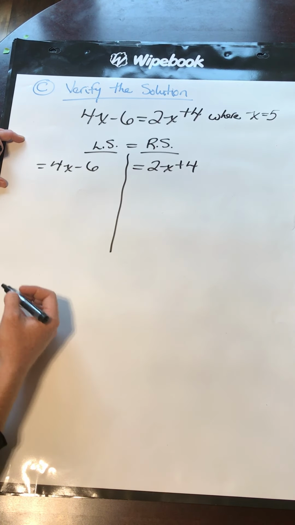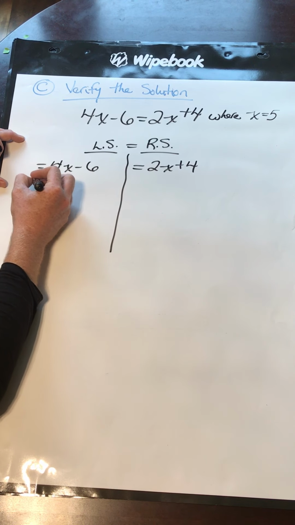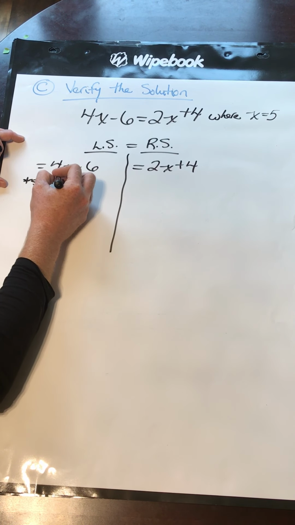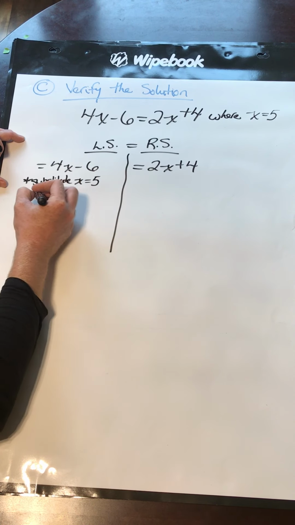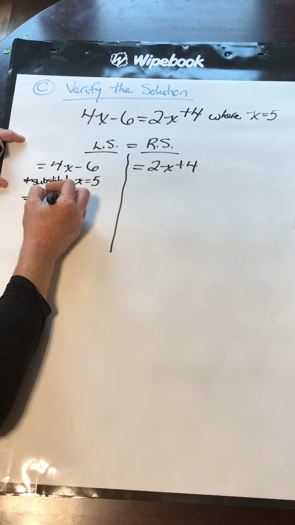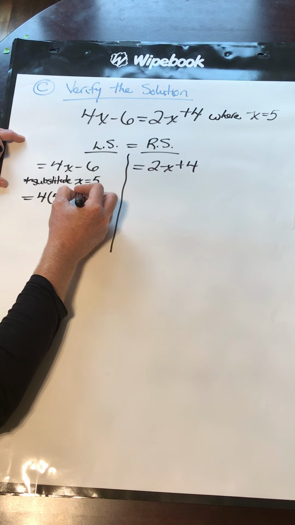Just going to work on the left side first, so I'm going to substitute x is equal to 5. I substitute that in, so it's 4 times 5 minus 6.